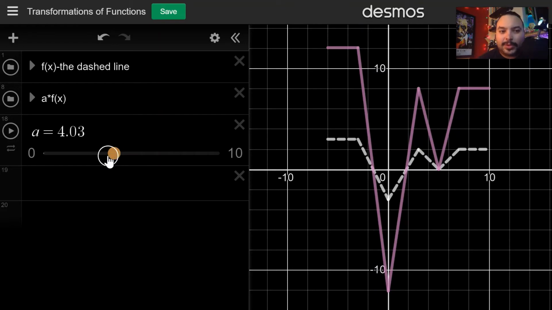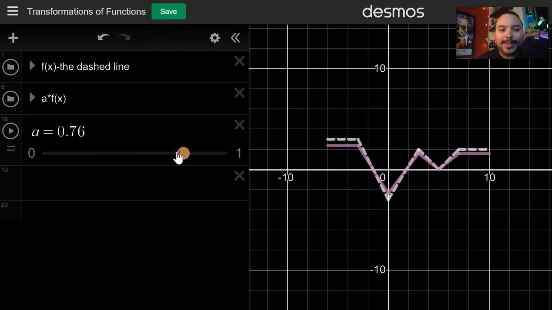So now let's look at what happens with a number between 0 and 1. As we make a smaller value than 1, let's say here a is equal to 0.7, as you guys can see, it's as if we are squashing the graph from top and bottom closer to the x-axis, or at least closer to its center.